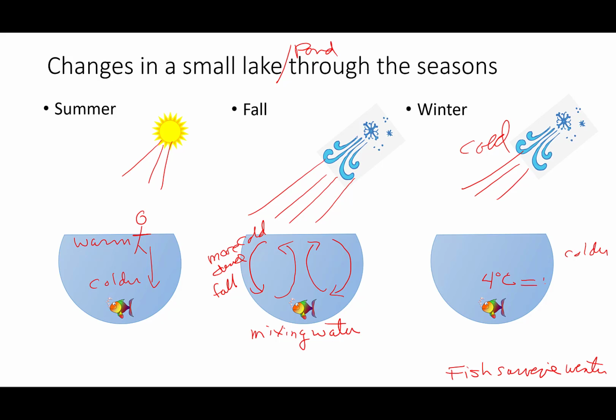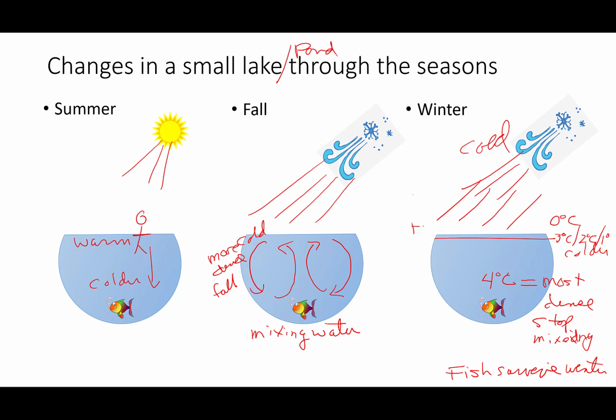Because this is the temperature at which the water is the most dense, it stops mixing. And because it stops mixing, as more cold wind blows across the top and takes heat out of the water, the top layer cools down to 3 degrees Celsius, 2 degrees Celsius, 1 degree Celsius, 0 degrees Celsius, and it starts to freeze.